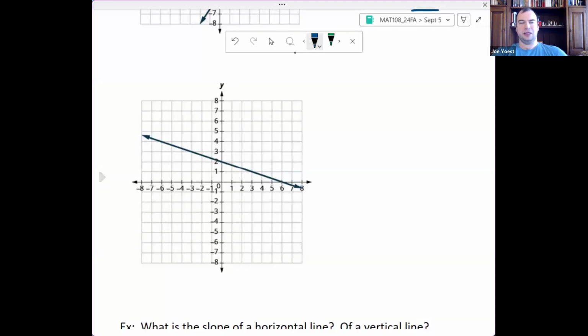So the intersection, with a C, of the line with one of the major axes is called an intercept, with a P. So a little hard to hear the difference in that sometimes. But if I look at my y-intercept, that's where the line intersects the y-axis. I see that's at this point. That's at the point 0, 2.